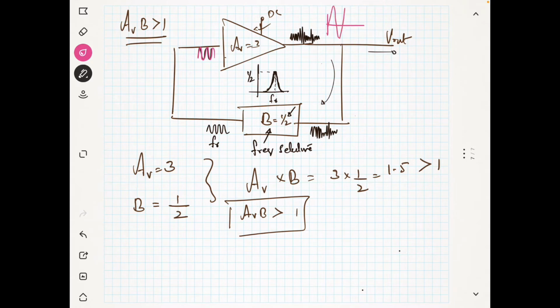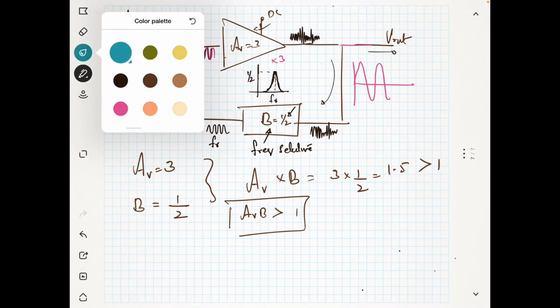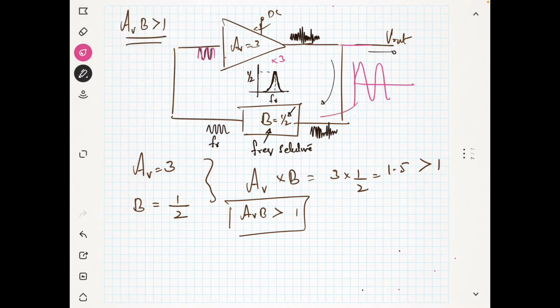So your signal will become large. I will draw it here. Your signal will become 3 times amplified, multiplied by 3. Now this signal will be reaching here, and it will be reduced to half.